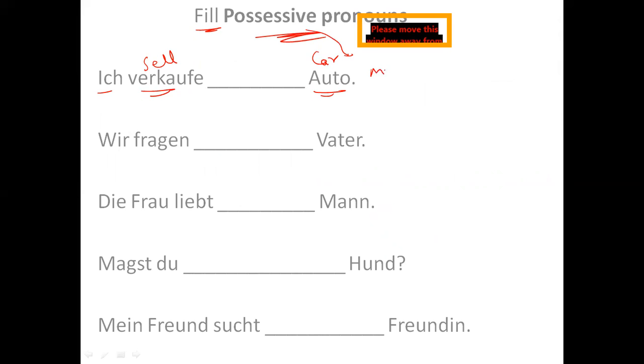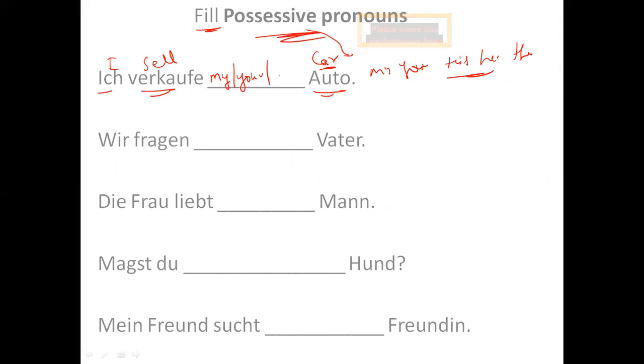My, your, his, her, their. If I say I am selling a car, it can be my car, your car, his car. All answers are correct. It can be their car, right?